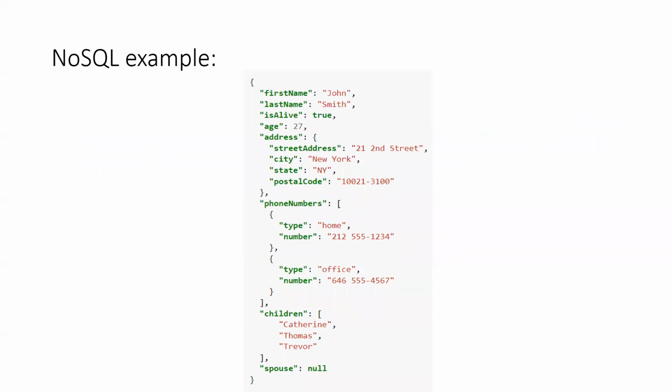Here is an example: first name is John. This is the entire set of one record. Then again it starts with curly braces, and there is another record. So this is a non-relational database, NoSQL.